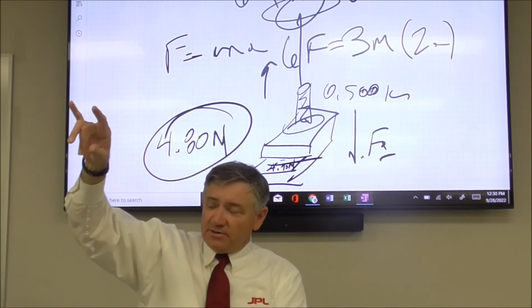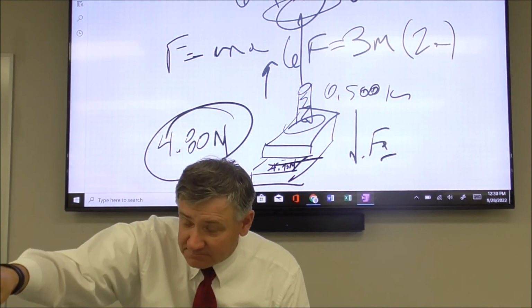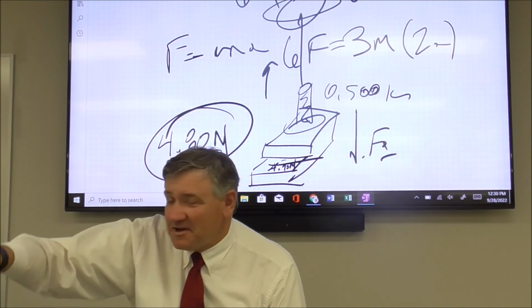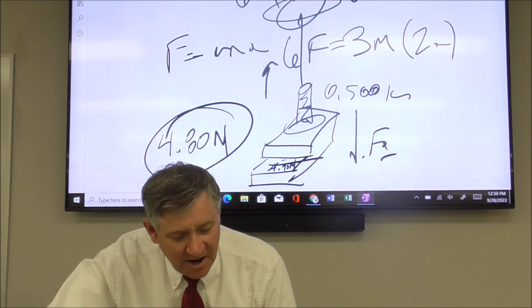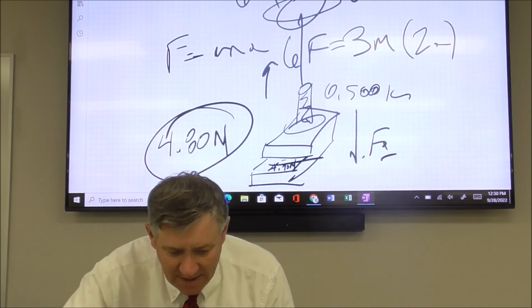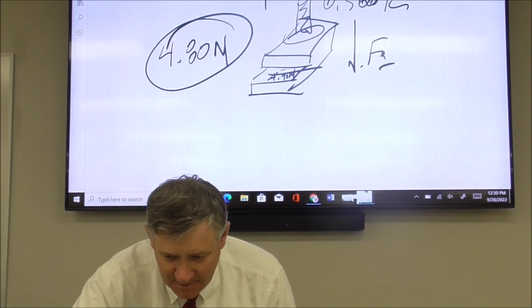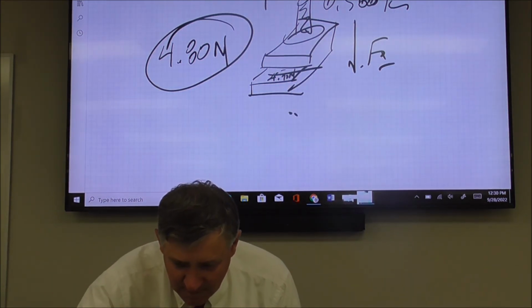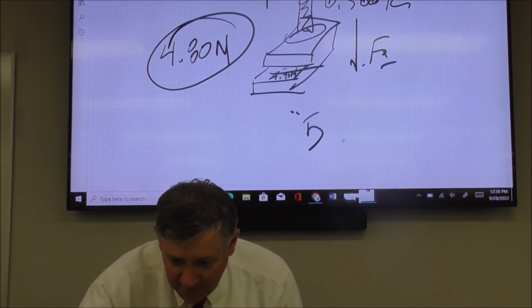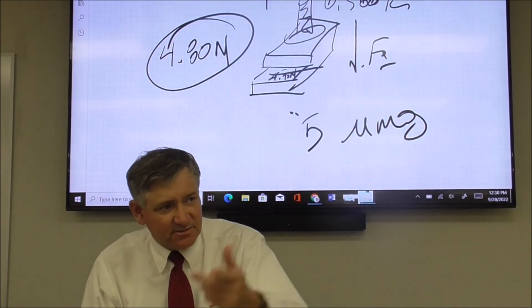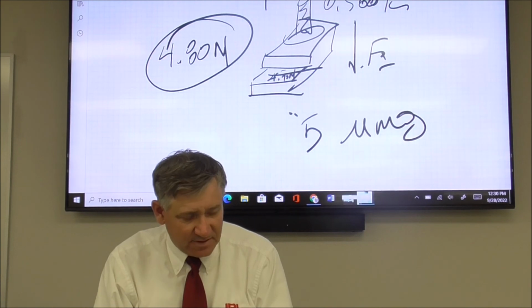On 5a, you're going to use the equation F friction equals mu mg. You know the mass, you know the gravitational acceleration, and I've given you the coefficient of friction.